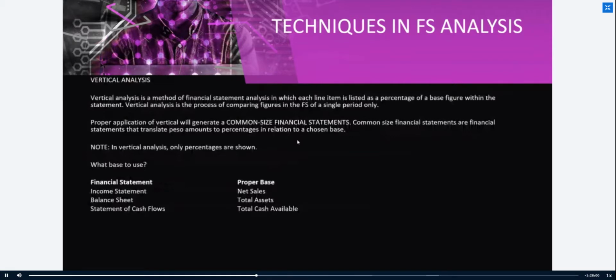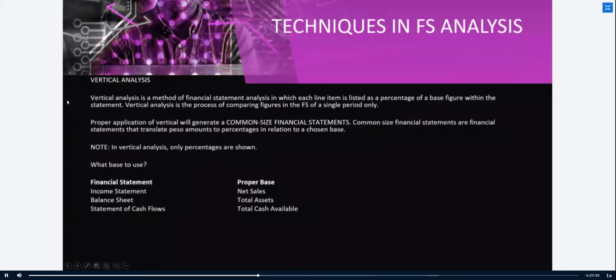Next technique is the vertical analysis. Vertical, it's a line from top to bottom. The vertical analysis is a method of financial statement analysis in which each line is listed as a percentage of a base figure within the statement. It is a process of comparing figures in the financial statement of a single period only.